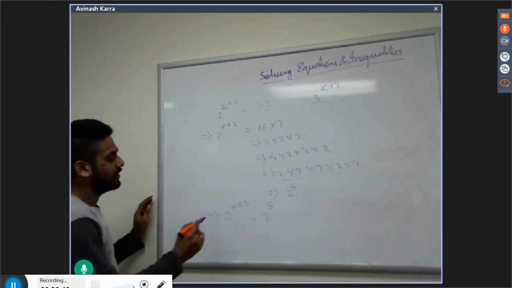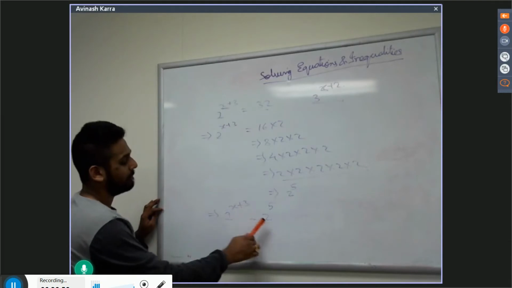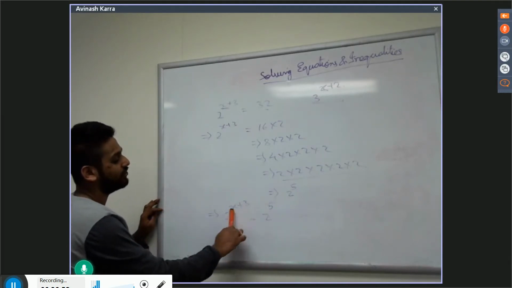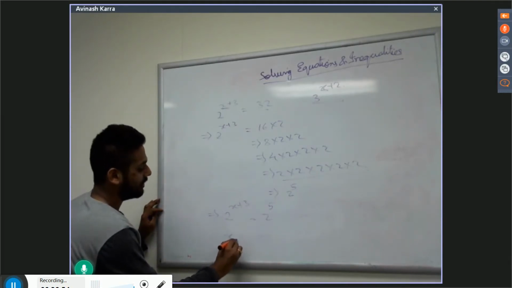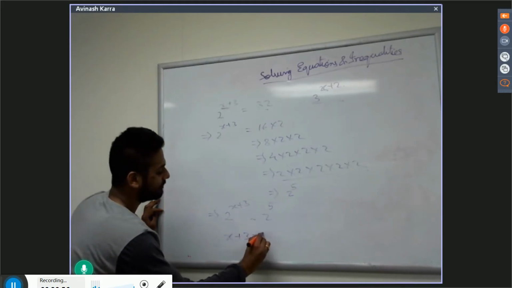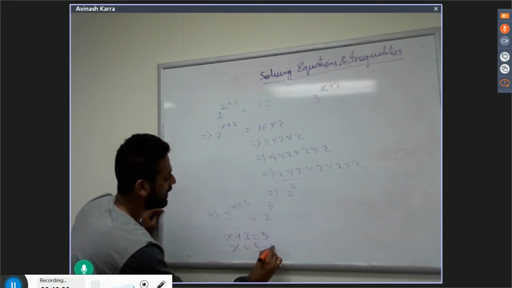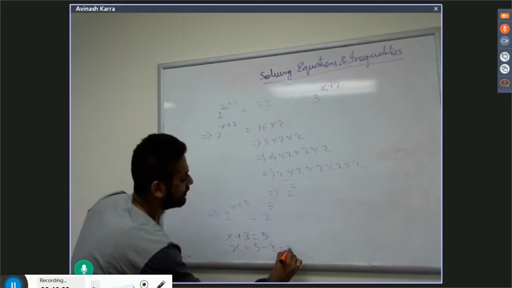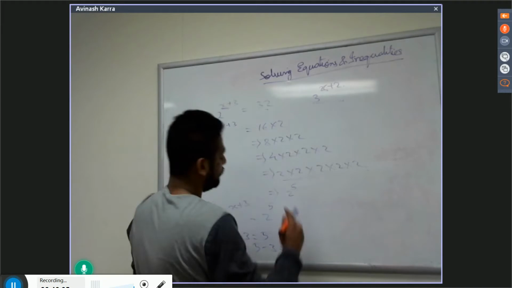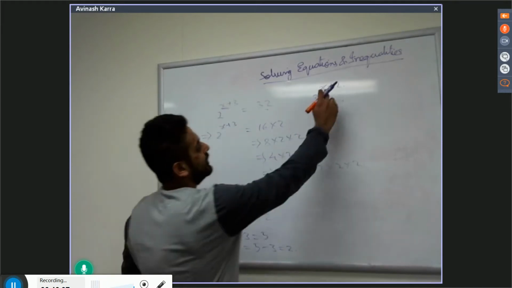Yeah, that's okay. Fine. So when bases are equal, powers are also equal, right? x plus 3 is equal to 5. So x is equal to 5 minus 3. So x is equal to 2. So substitute x is equal to 2 in this.